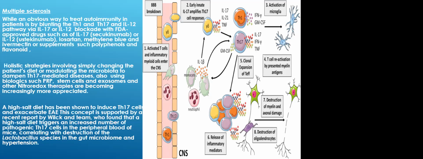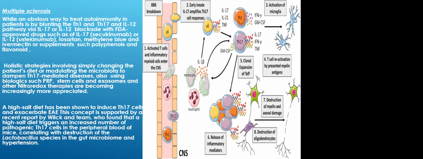Polyphenols, flavonoids, in general, curcumin, quercetin, all of those polyphenols that we know, and flavonoids, it does help to inhibit the interleukin-17 signaling in general. So give them polyphenols, give them curcumin, quercetin, EGCG, resveratrol, all of those, grape seed extract, all of this may help.